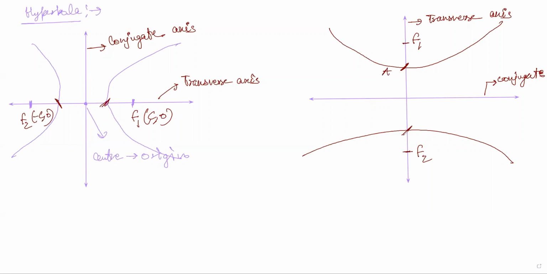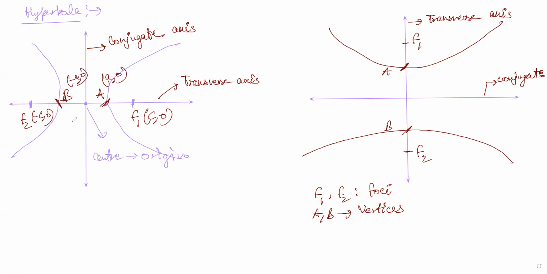Let's call this A and B. So F1, F2 are your foci. Then A and B are your vertices. Now vertices, this would be A comma 0 and this would be minus A comma 0.